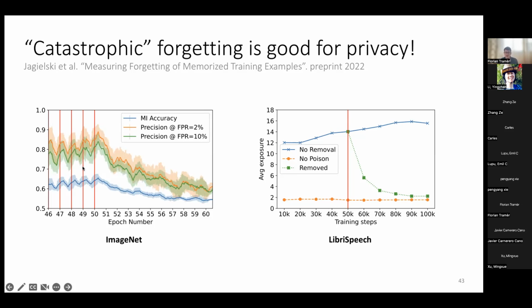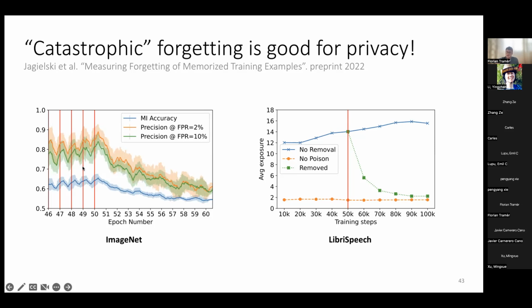We have a similar experiment on the right on a text and speech data set, where we inserted some outlier data into the training set, and then after 50,000 training steps, we remove this data from the training set. Very quickly, our ability to extract this information from the trained model goes back nearly to baseline.